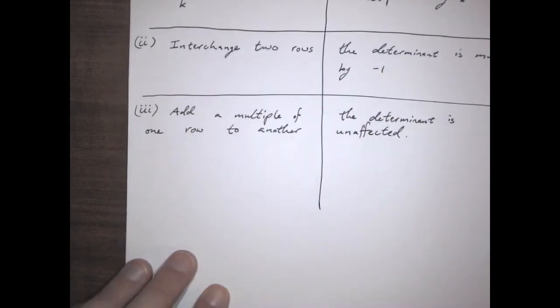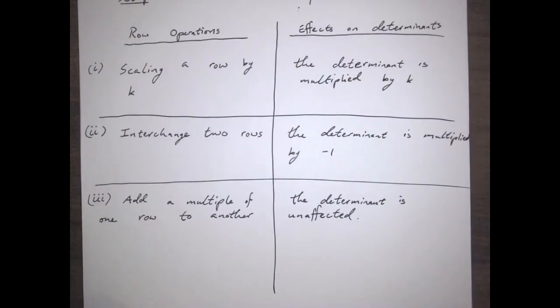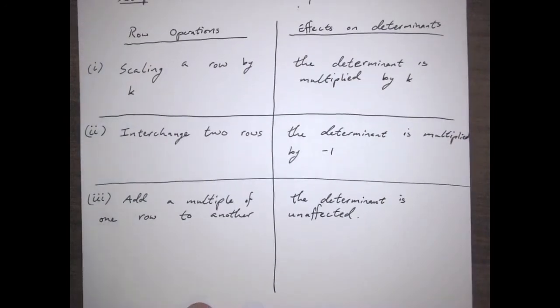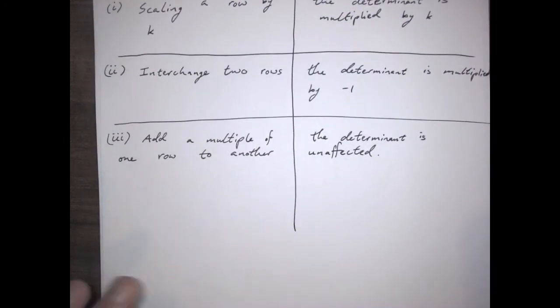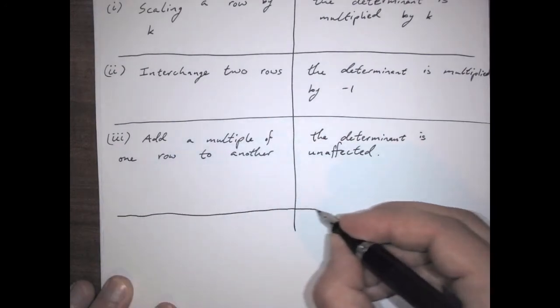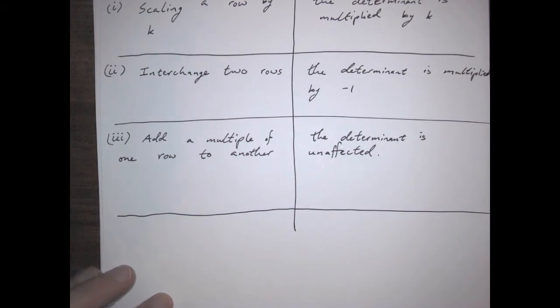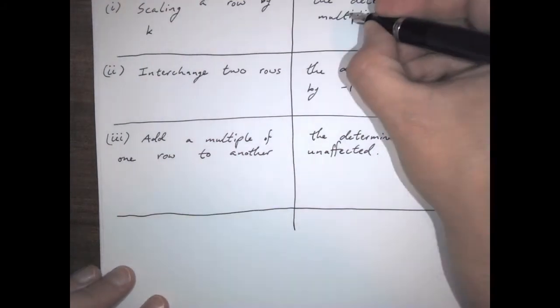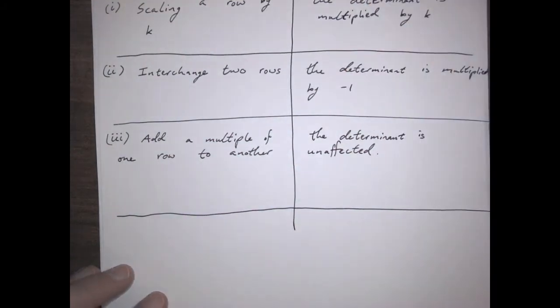Now, the most interesting thing as far as our purposes are concerned about these three categories of effect is that none of these will turn a determinant that was not already zero to zero.